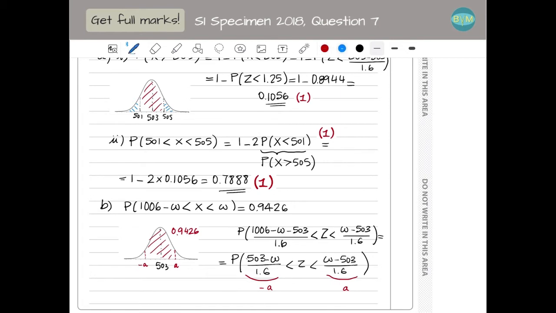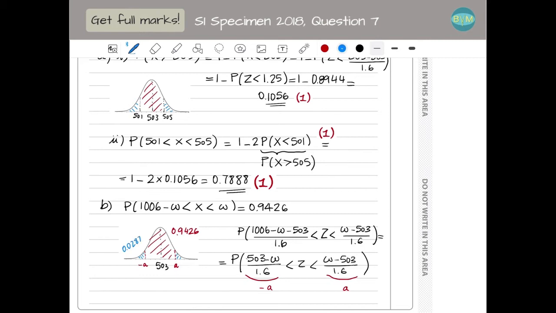Again, we don't have that in the calculator. What we have is values on the left of something. So that value here will be 1 minus 0.9426, divided by 2, because I have 2 of those. So that value there is 0.0287.